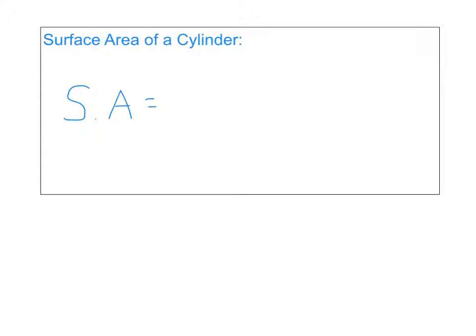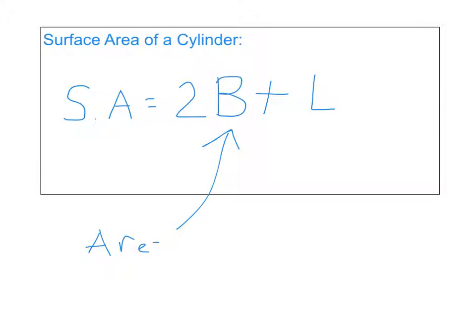So the surface area can be found by taking 2 times big B plus capital L. Now let's break these two down. Capital B, what does that stand for? Well, we talked about it the other day, that big B stands for area of the base.